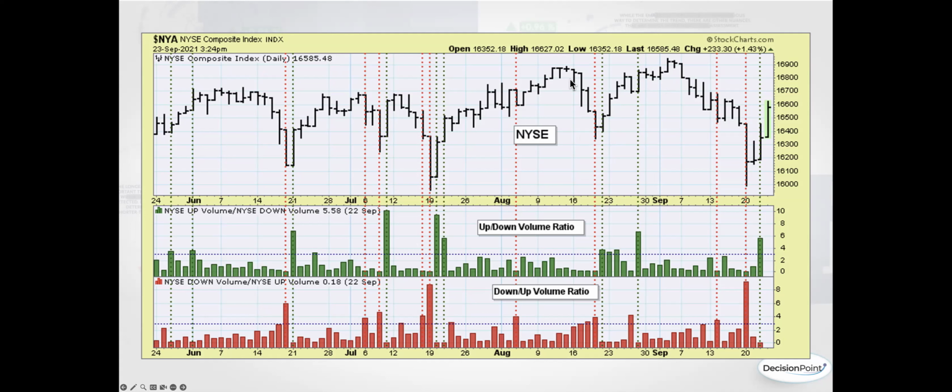The best ones do come like this, where they're coming right off of a decline. And when they come straight off of a decline into the upside, those are really the best ones to note. So in this case, we got a climactic reading, a downside climax.